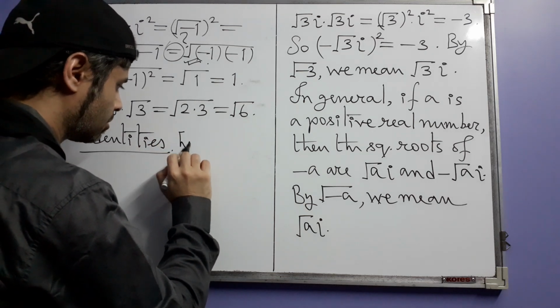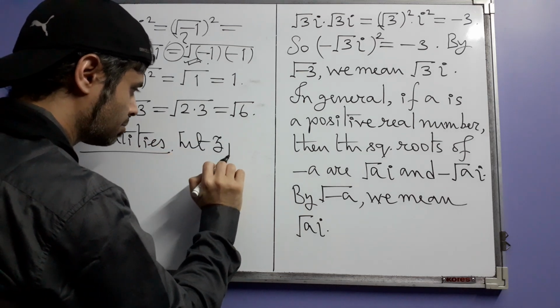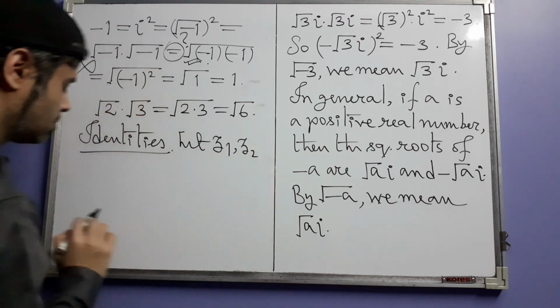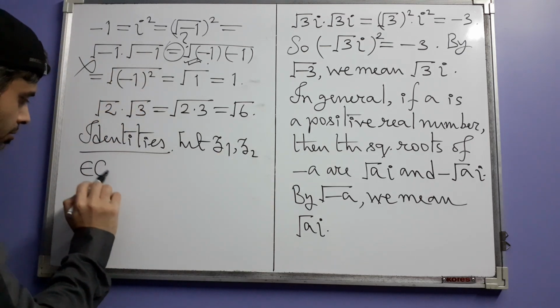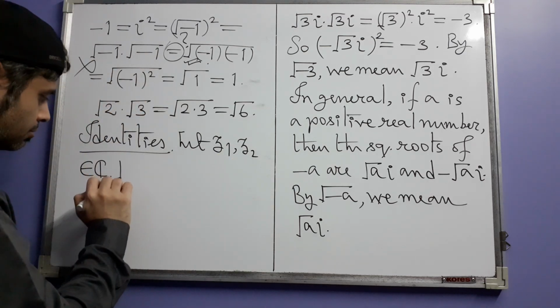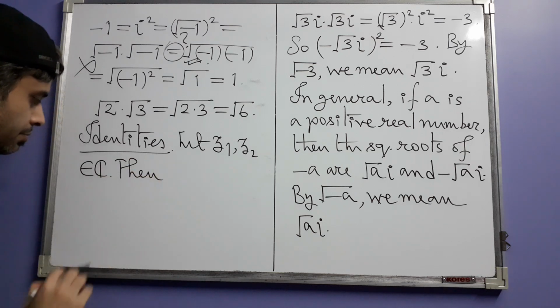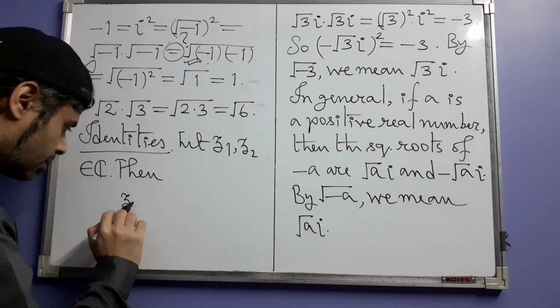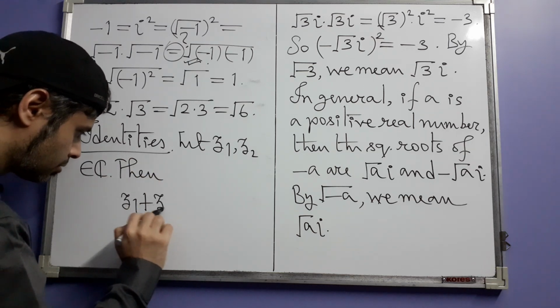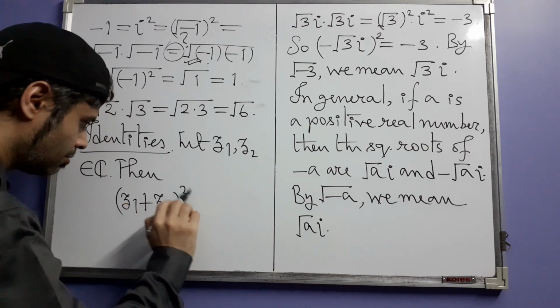Let's see how. Suppose Z1 and Z2 are two complex numbers. Then let us calculate (Z1 + Z2) squared and see what we get.